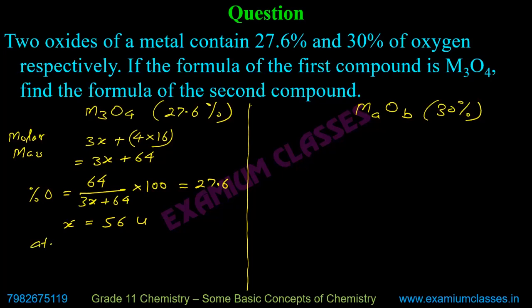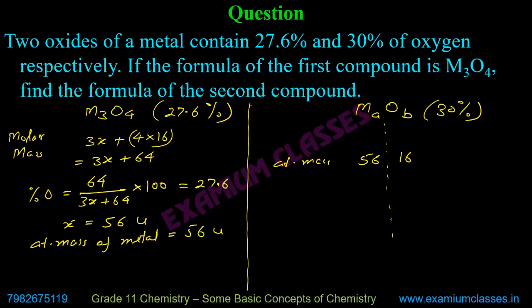So the atomic mass of the metal I got as 56 u. Same will be applicable here. Here, 56 for the metal and 16 for oxygen. Is that clear?